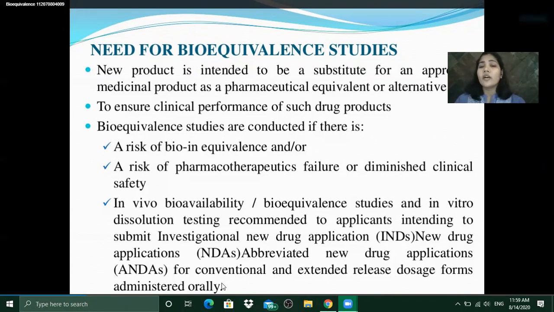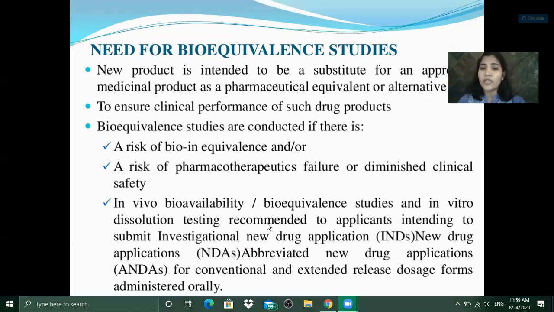Okay, for conventional or extended release dosage form administered orally. So basically, this point is telling you that if you have data of in vivo bioavailability or bioequivalence studies and also dissolution studies, then you don't need preclinical data for that. So generally, what is the flow?